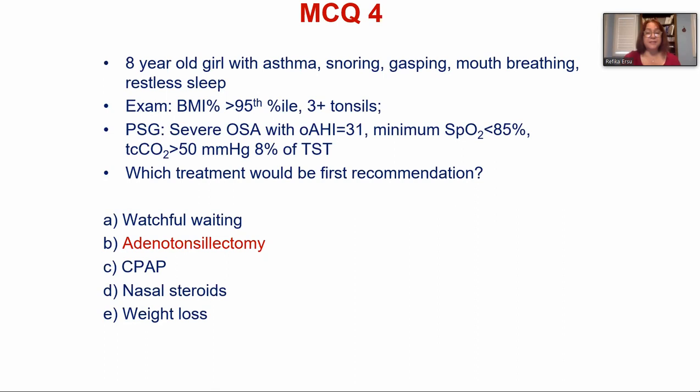And some studies show even less response, especially the cure rates. Usually it improves, so it's important to consider adenotonsillectomy, even in obese children, children with neuromuscular disease, or children with Down syndrome. It's just important to know that the response may not be 100%.